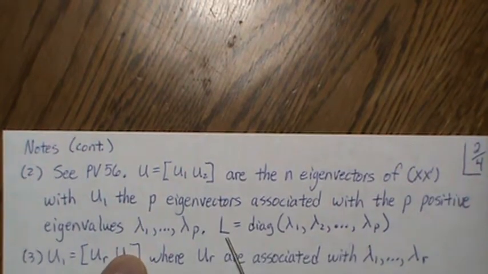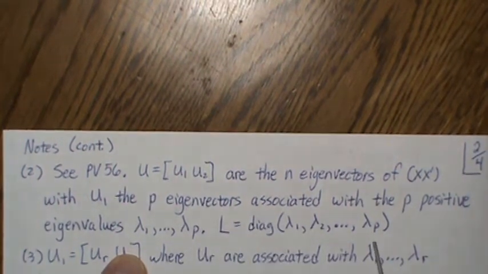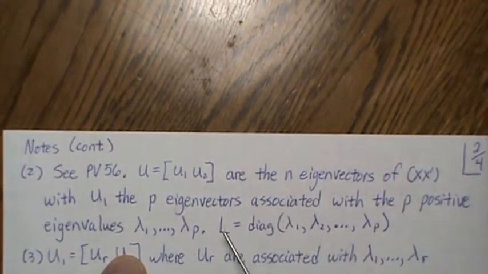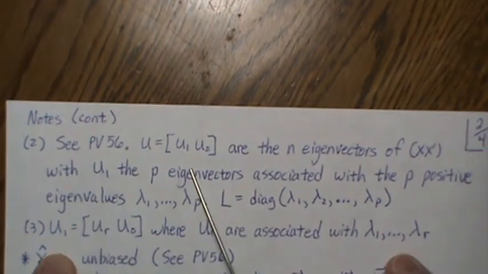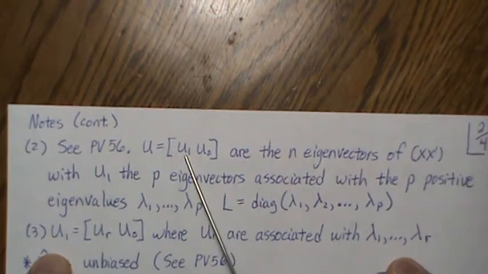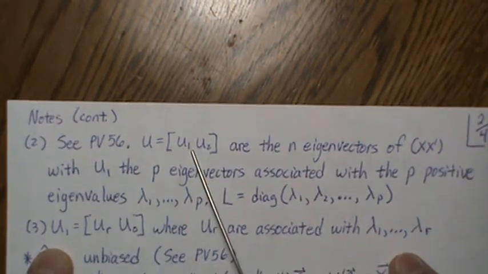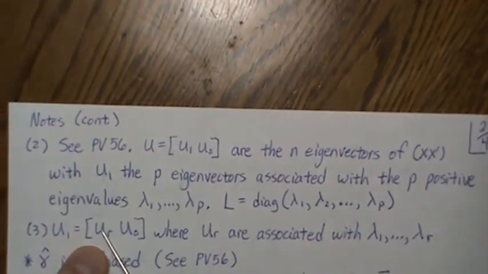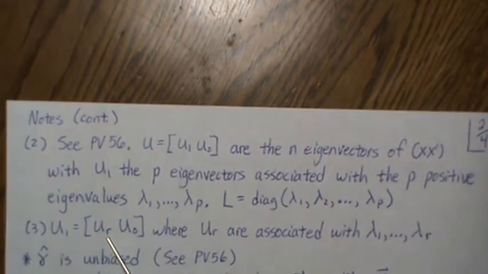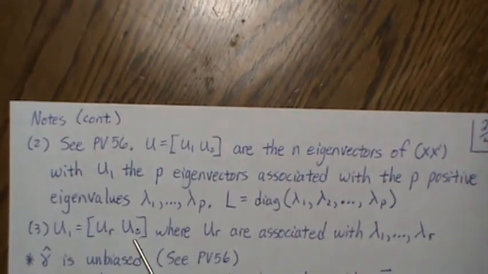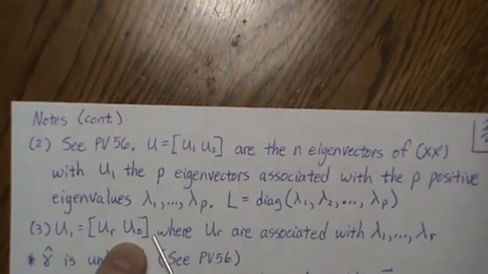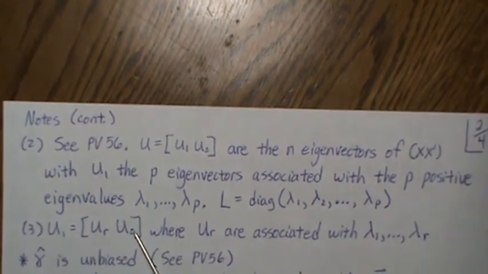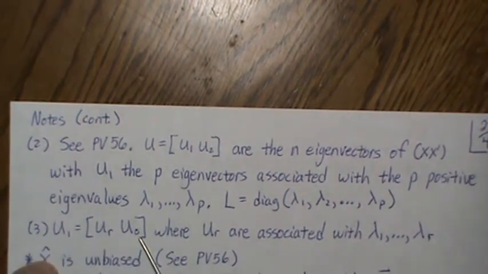Now we let the matrix L be the diagonal matrix of the eigenvalues lambda 1, lambda 2 to lambda p. Now we subset U1, and remember, U1 is n by p. So we subset it into U_r and U_0. These are the first r columns, associated with the r columns from page 1, and U_0 is associated with the last p minus r columns; the 0 stands for those being associated with vectors that are really small in length.